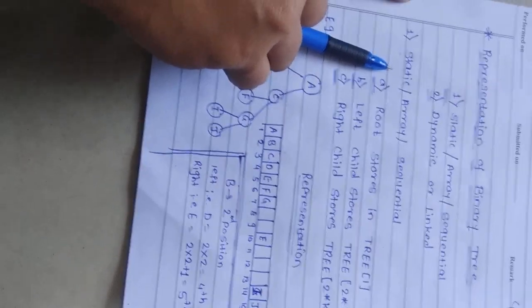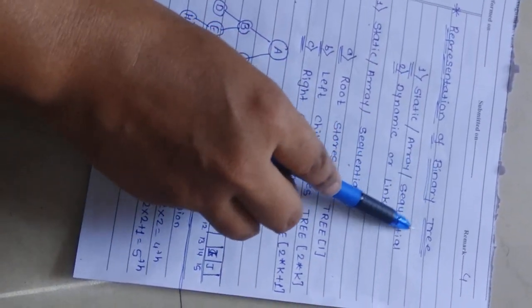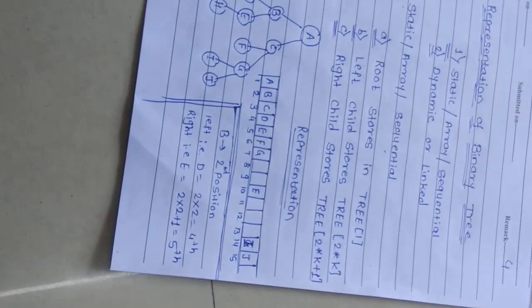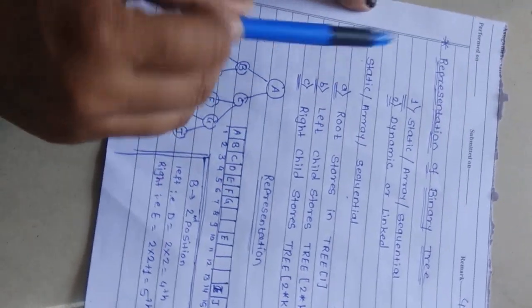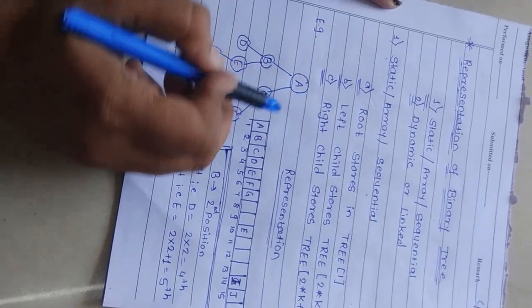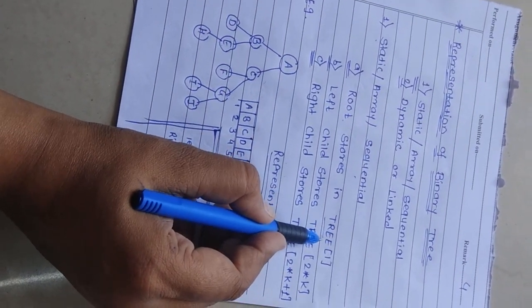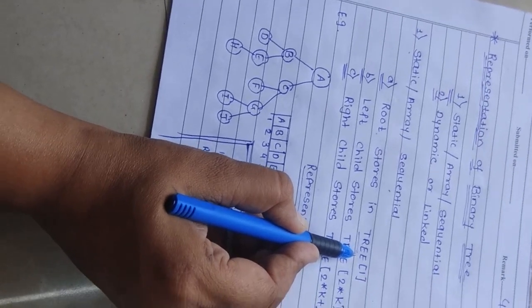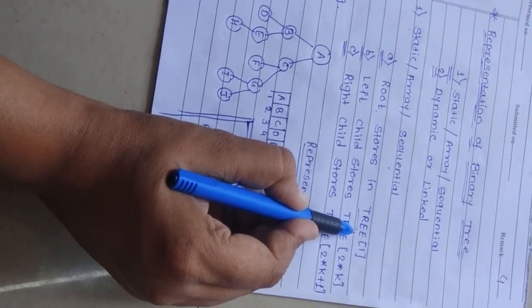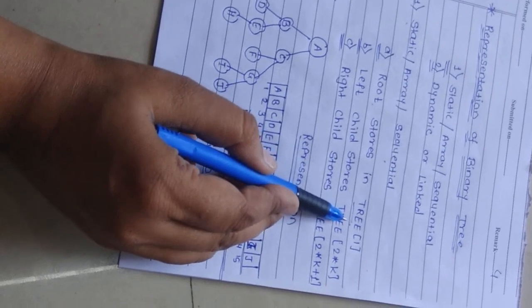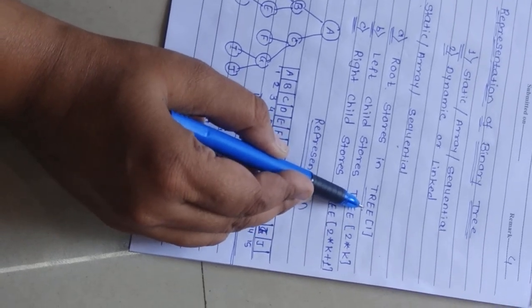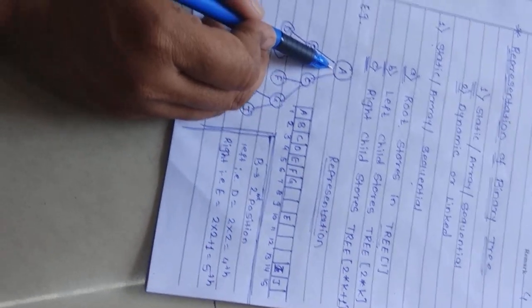Now we first see the static array or sequential representation of a binary tree in computer memory. Here, tree is the name of the array in which we are going to store the binary tree. The first position of the array tree stores the root node.